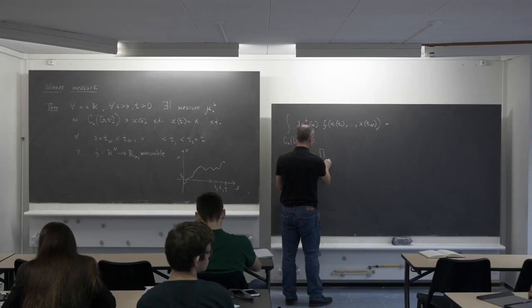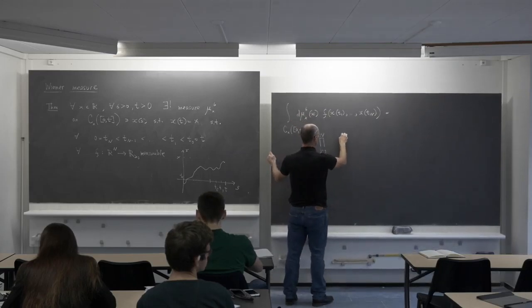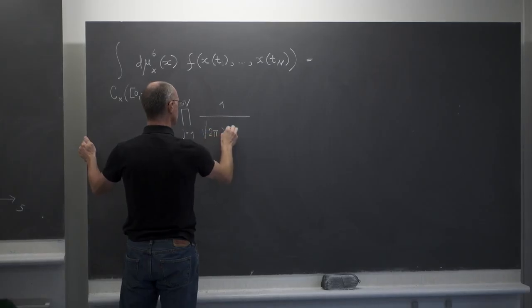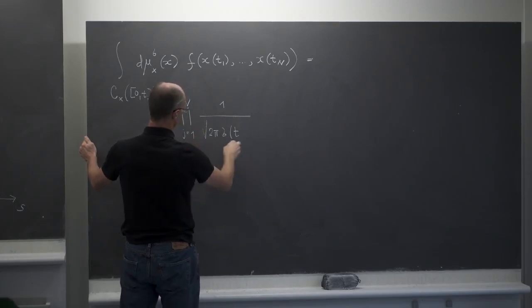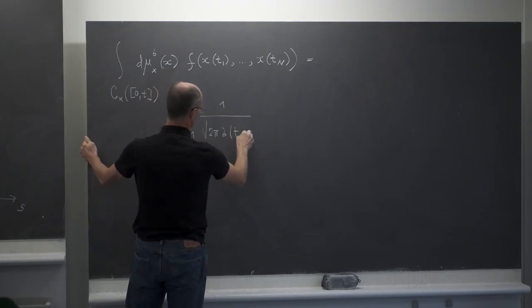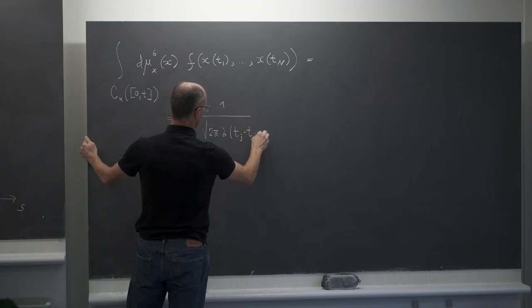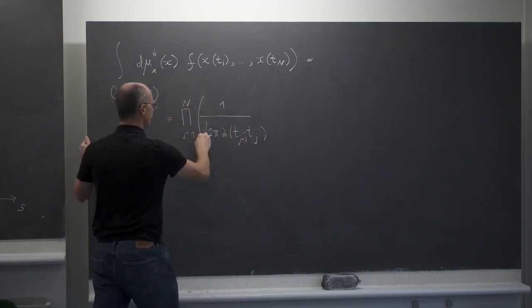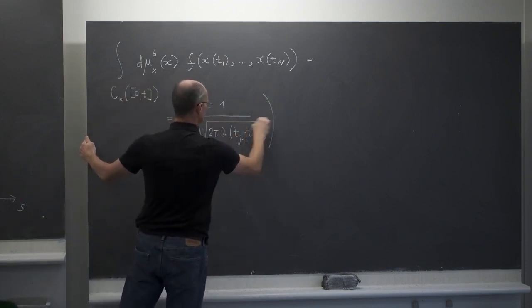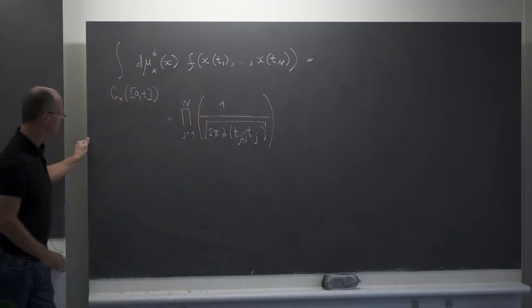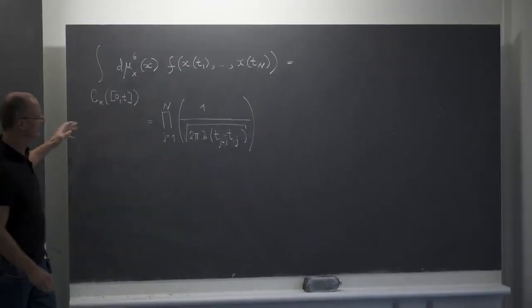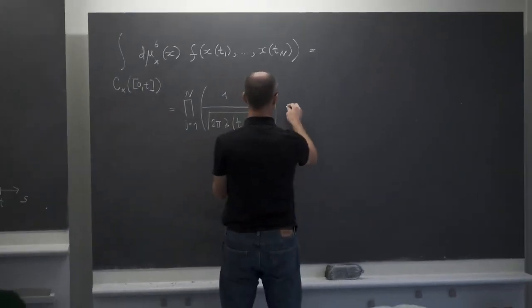So this is a product from 1 to n. Here 1 over square root of 2 pi sigma, now t_{j-1} minus t_j, because j is a decreasing sequence.